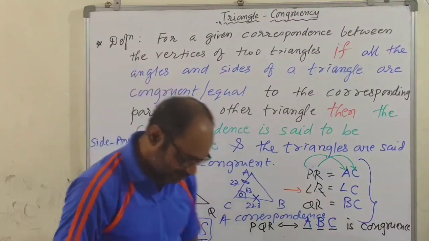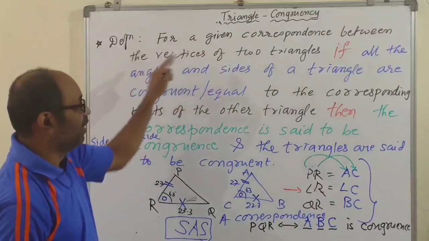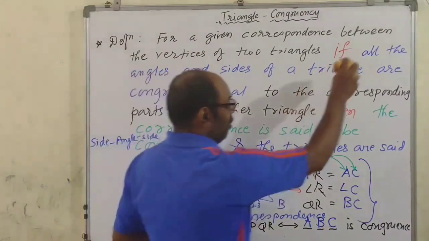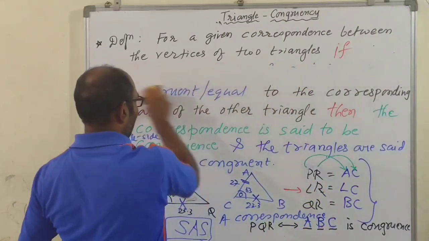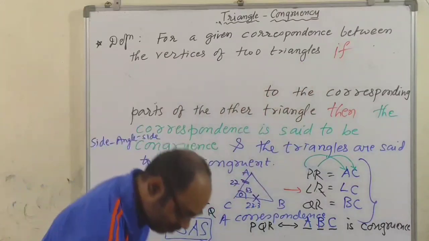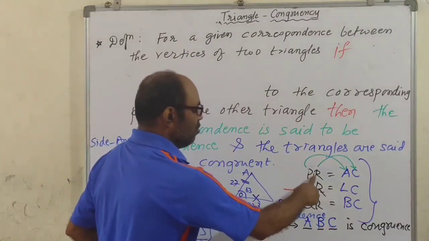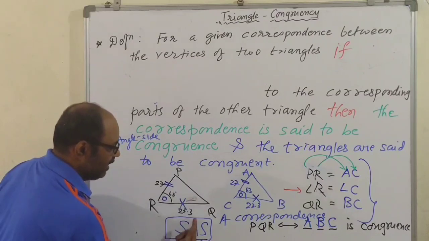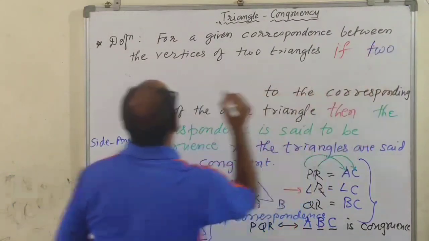So what is the first condition? For a given correspondence between the vertices of two triangles, if, not all now, not all, if, please pay attention, if two sides, one side, second side, and the angle between them.